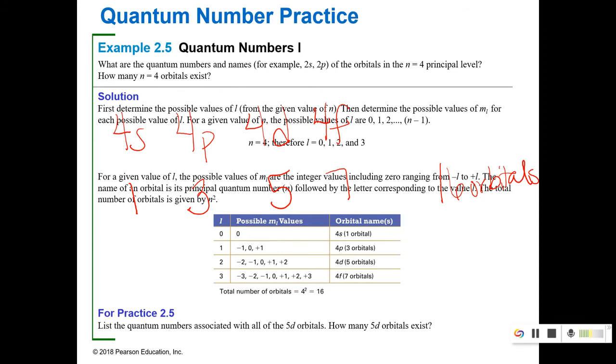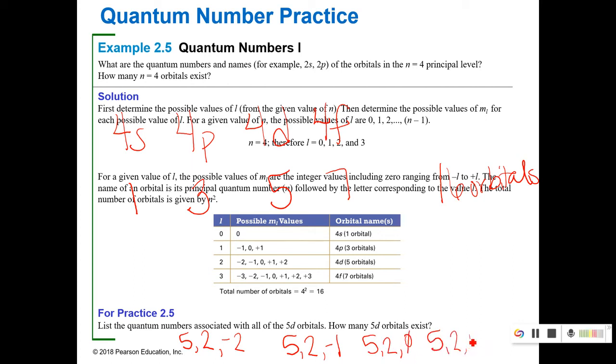Quantum numbers associated with all 5D. So for 5D, I would have 5 as my first. L would be 2 because D is 2. And then I could have 5, 2, -2. I could have 5, 2, -1. I could have 5, 2, 0.